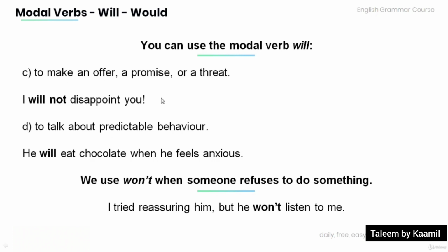C, to make an offer, a promise, or a threat. For example, I will not disappoint you. D, to talk about predictable behavior. For example, he will eat chocolate when he feels anxious.